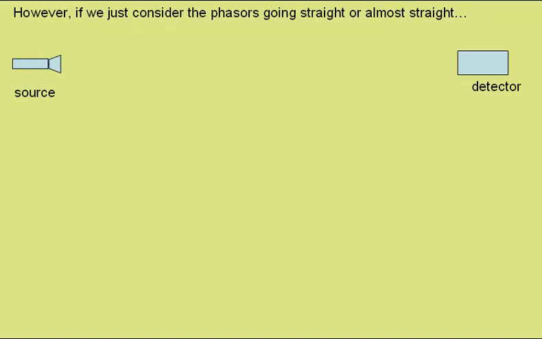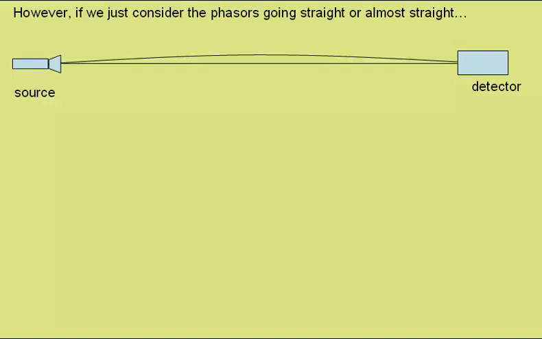However, if we just consider the phasors going straight, or almost straight, from source to detector, for example following the straight-through path, this slightly higher path, and this slightly lower path, then this might be the phasor direction for the bottom route. The central straight-through route won't have travelled quite so far, and so won't have turned quite so much, and will point in this direction.